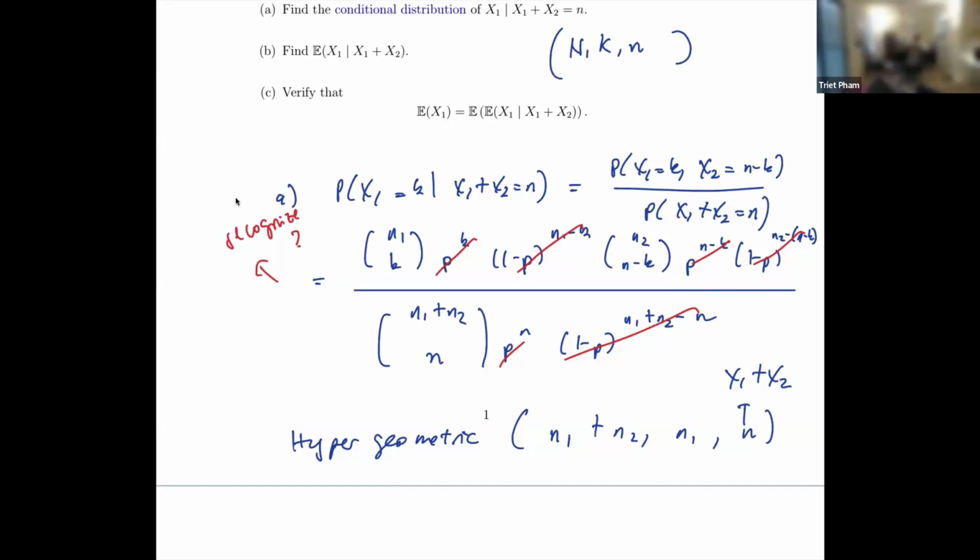Do you understand? So, for example, for a hypergeometric with these parameters, the expectation is sample size times success probability, correct? So here, in part B, the answer is sample size times success probability, but the sample size will be this.